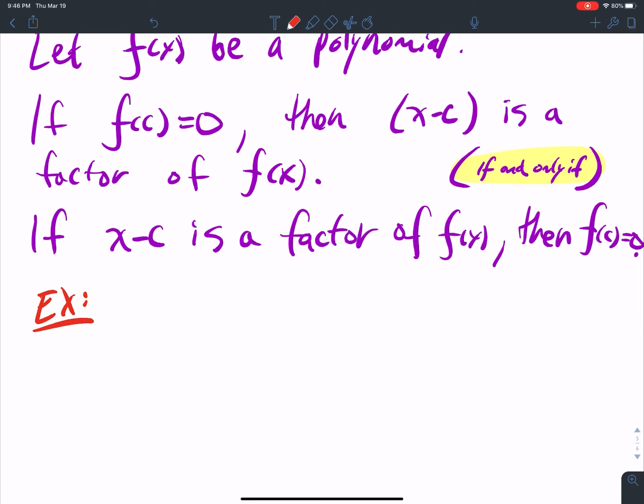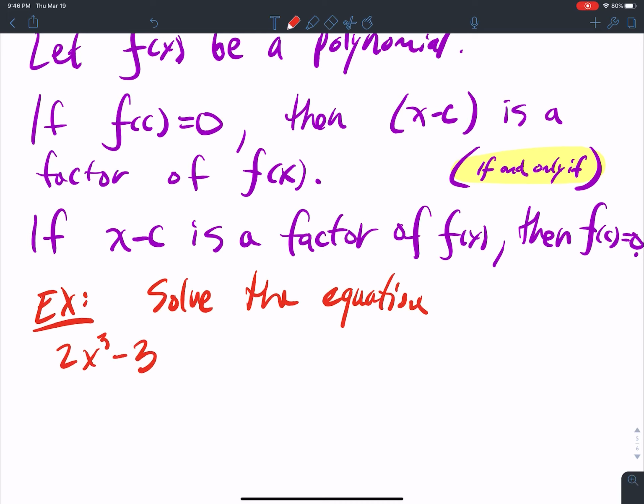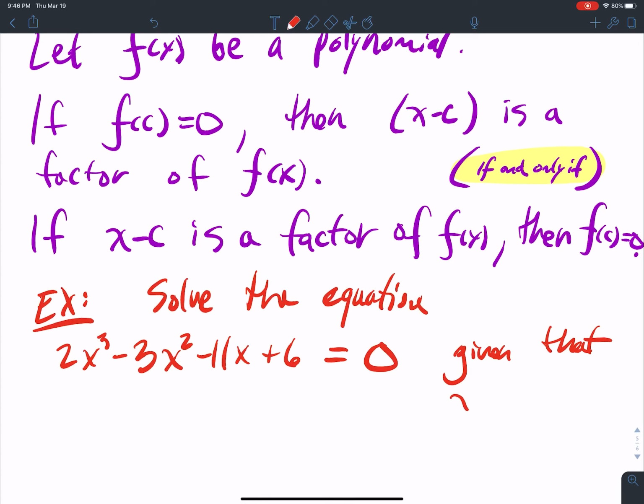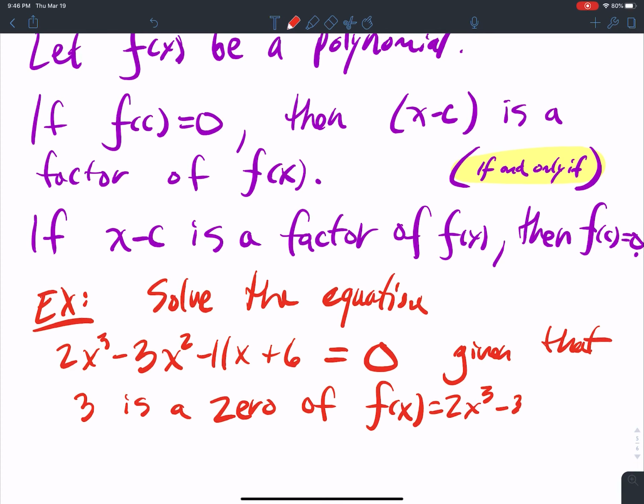Here's an example. Solve the equation 2x cubed minus 3x squared minus 11x plus 6 equal to 0, given that 3 is a 0 of f of x equals 2x cubed minus 3x squared minus 11x plus 6.